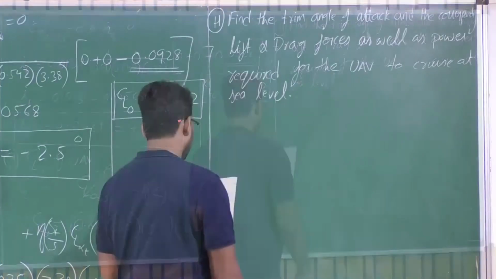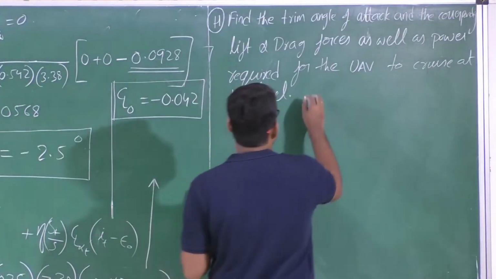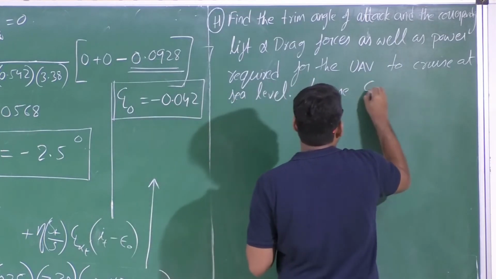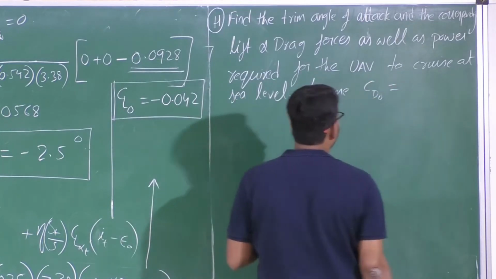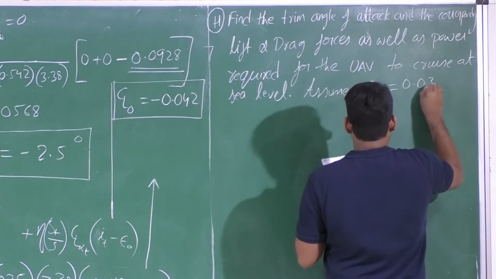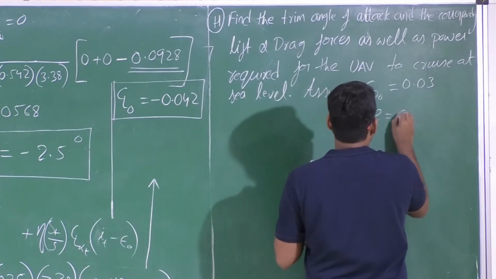Assume the zero-lift drag coefficient CD naught is 0.03 and Oswald's efficiency factor is 0.9.